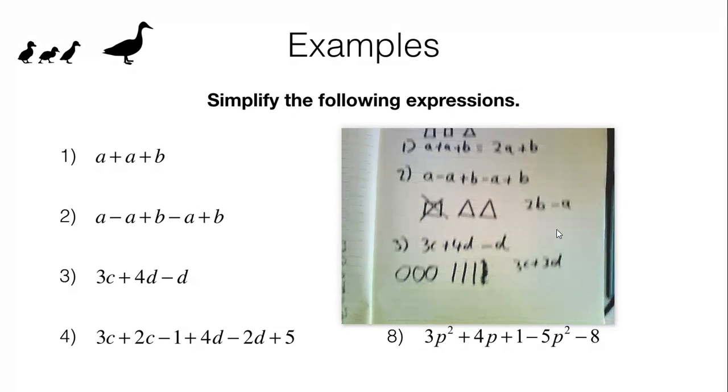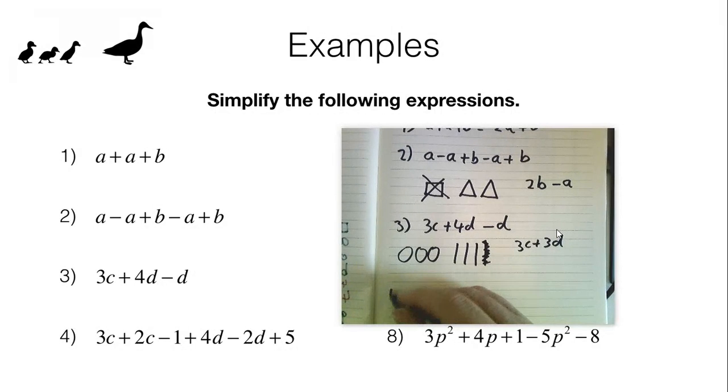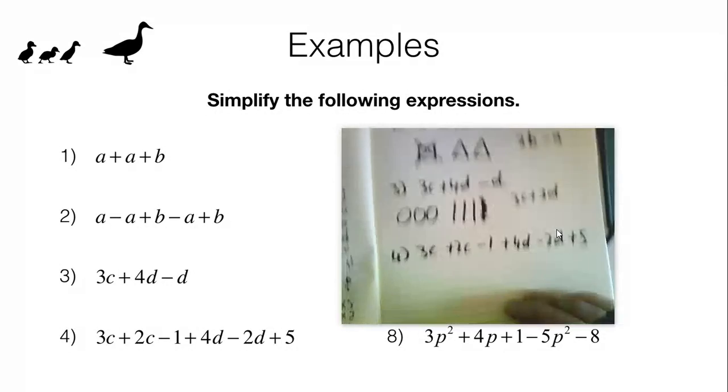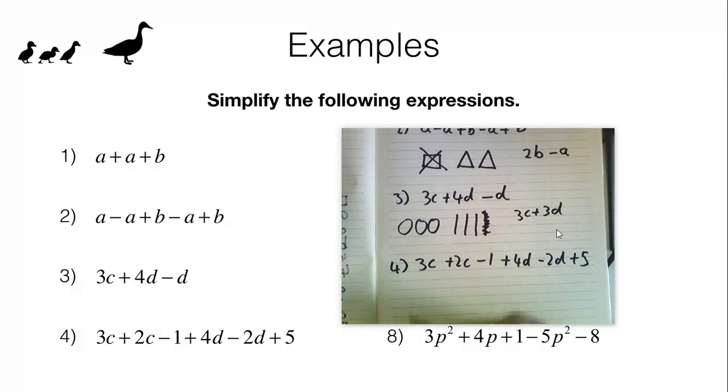Okay, and we're going to look at example number 4. We've got 3c plus 2c, take away 1, plus 4d, take away 2d, plus 5. And notice we can make this as complicated as we want, but it's going to work the same way. Okay, let's do it. 3c, 1, 2, 3.